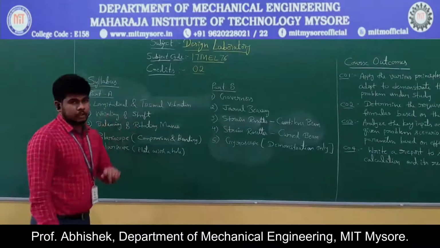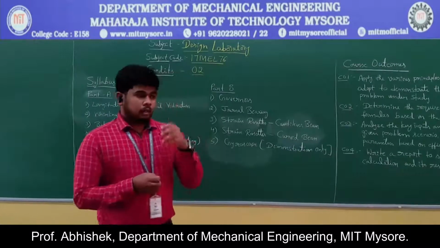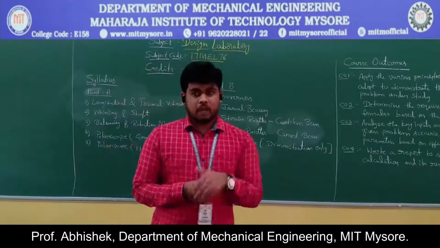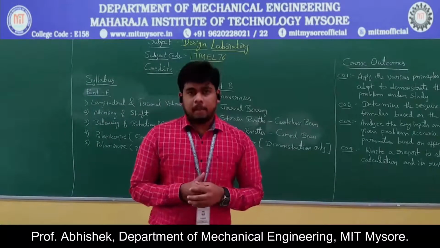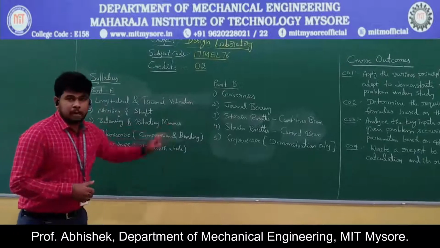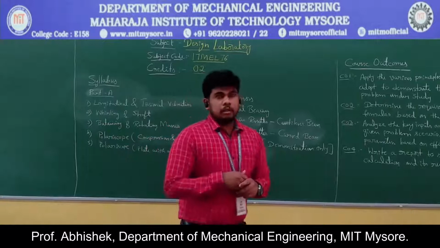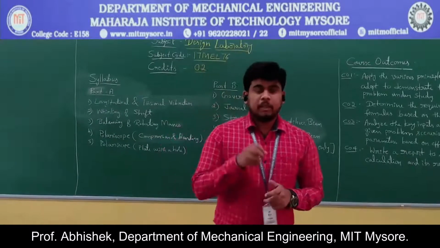Next one is whirling of shaft. Here, you are going to find the critical speed of a shaft that we have in our laboratory. The third one is balancing of rotating masses. This one you have also learned in the 5th semester subject, dynamics of machinery.